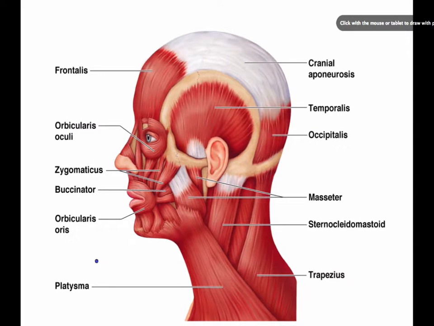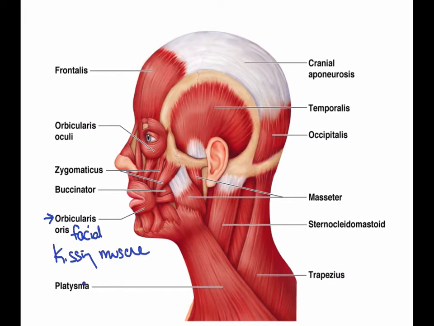So next up here is the Orbicularis Oris. So we're moving into this one, the Orbicularis Oris. This is also a facial muscle. So the group is a facial muscle. This is the kissing muscle. That's the description. Okay. The origin is going to be the mandible and the maxilla. And then the insertion is going to be the skin and muscles around the mouth.